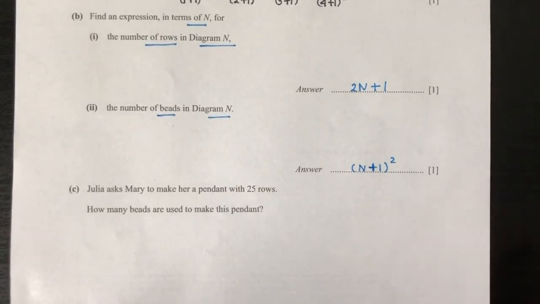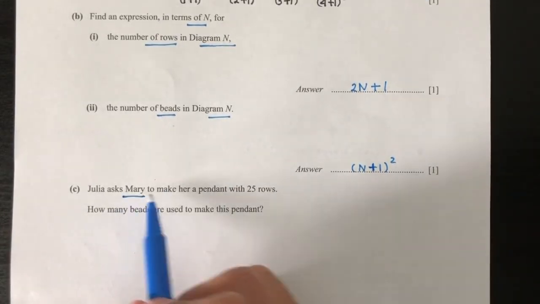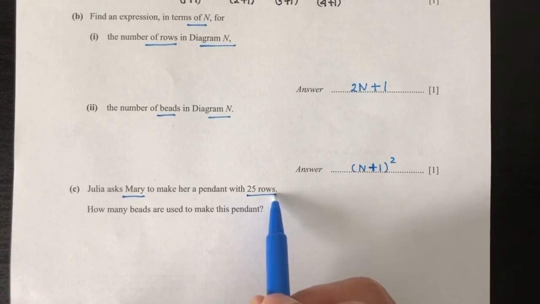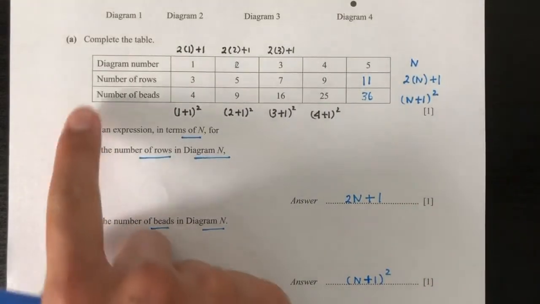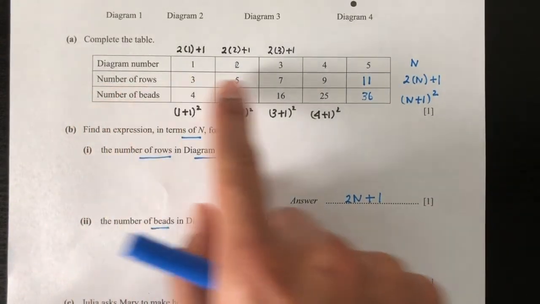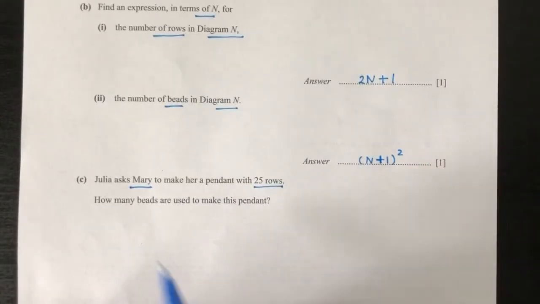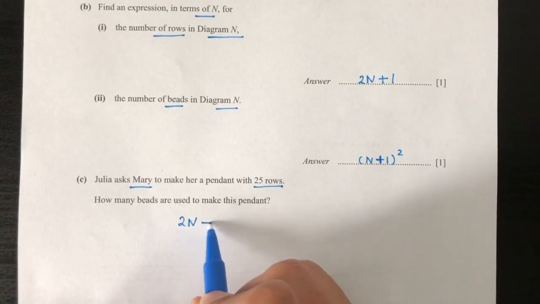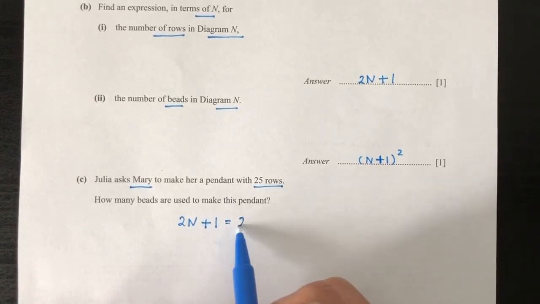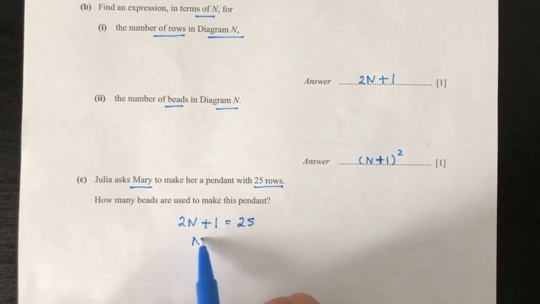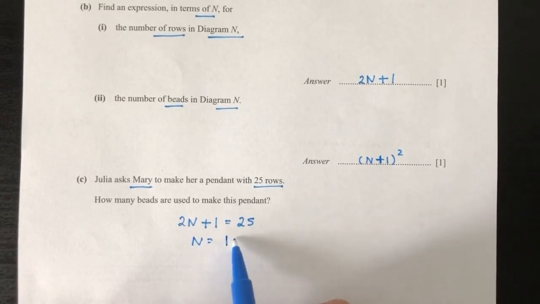Now for part C, Julia asked Mary to make her a pendant with 25 rows. So the number of rows will be 25. This is our formula for number of rows, so the number of rows has to be 25. Find the value of n. n will be 24 divided by 2, that will be 12.